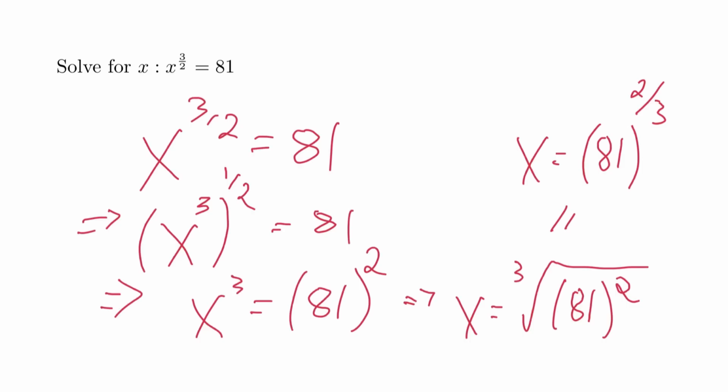Again, we're mixing roots and powers here. The 2 in the numerator says I'm going to square something. The 3 in the denominator says take a cube root. So you want to be a little bit comfortable with these mixed powers, where I have fractions in the exponent corresponding to roots, and also something in the numerator corresponding to powers.